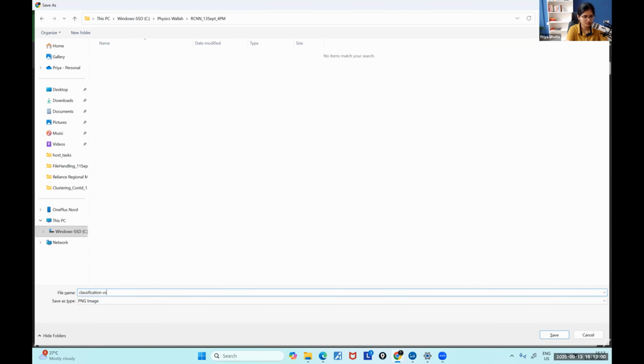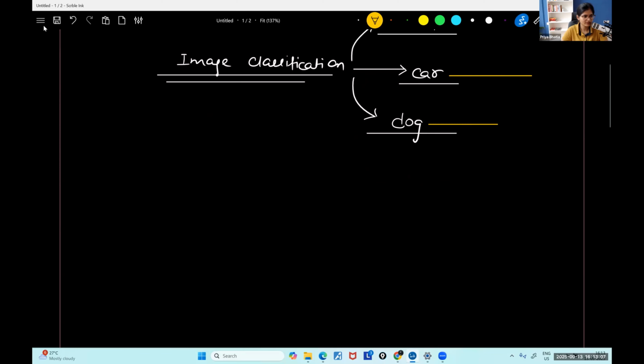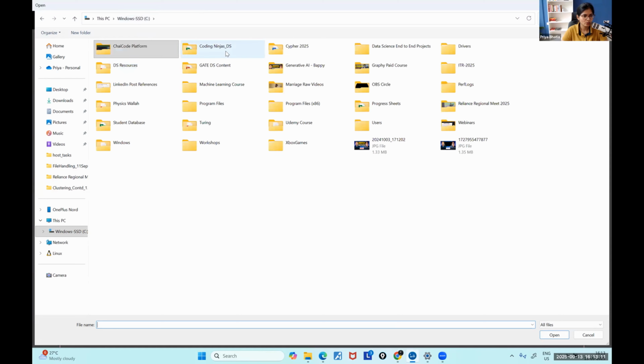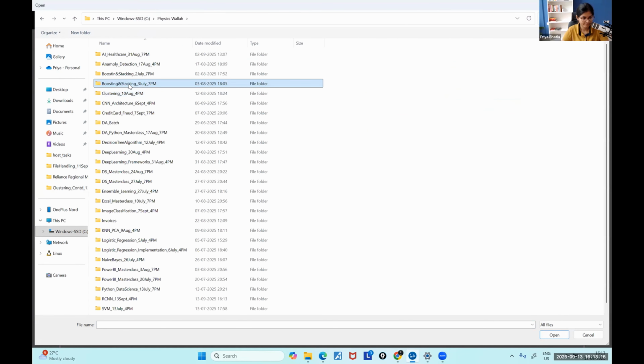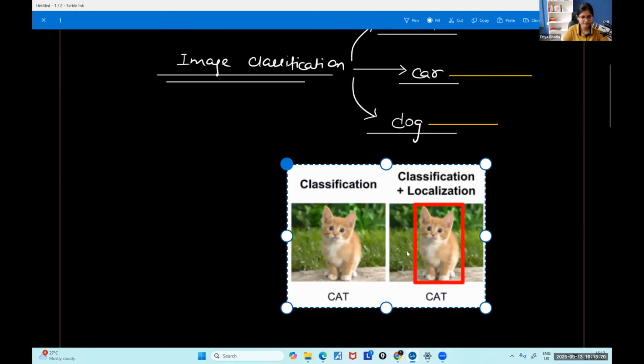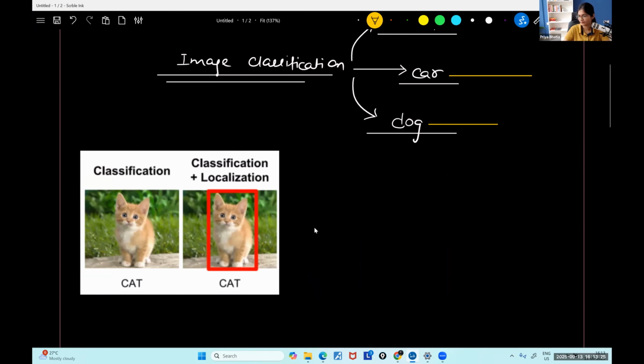Classification versus localization. If I upload this image and showcase it to you, see this? What is the main difference you are observing over here? So Khushbu is saying it's about object identification. Somehow, yes.